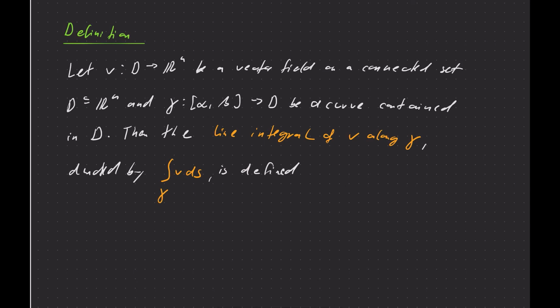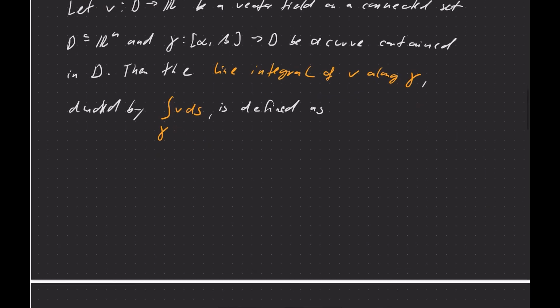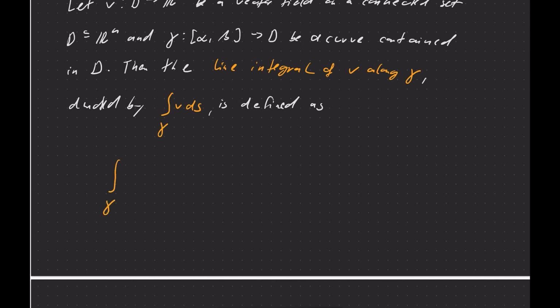Is defined as, so that integral V ds is defined as the integral from alpha to beta of the scalar product of the vector field at gamma of t with gamma dot of t dt.